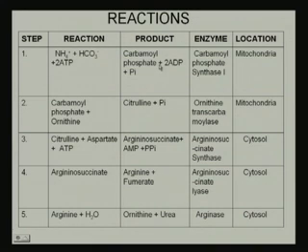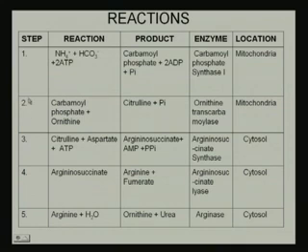This reaction takes place in the presence of the enzyme carbamyl phosphate synthase 1. It produces two molecules of ADP and inorganic phosphate. This step goes on inside the mitochondria of the cell.